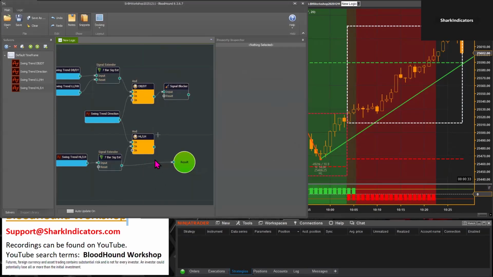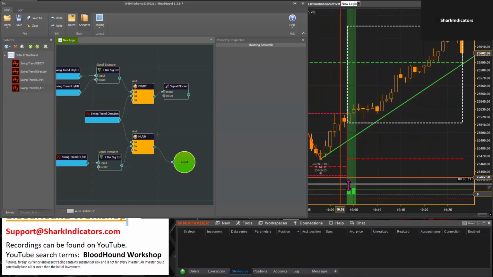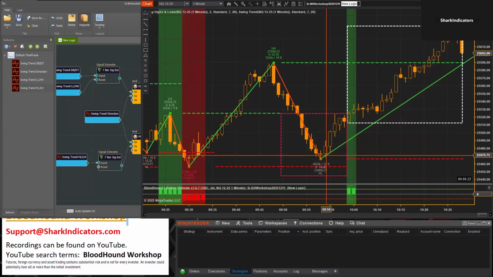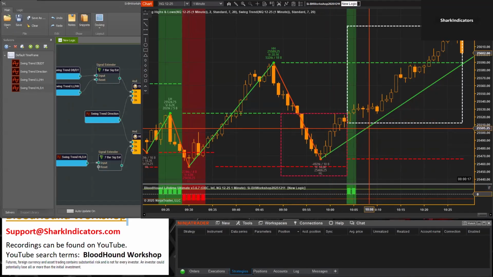Okay, so now that we have this 2-bar overlap, there we go. And there's our first bar where this zigzag line flipped up. So this bar is what locked in that higher low.